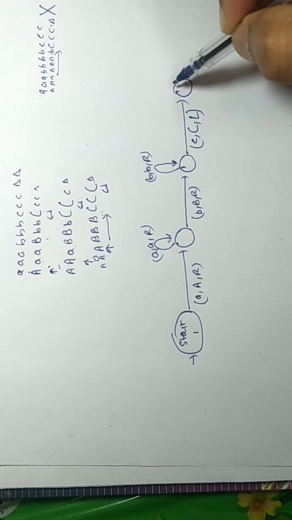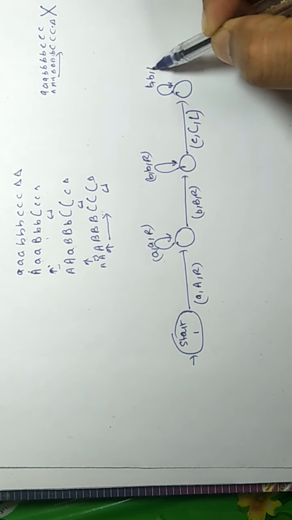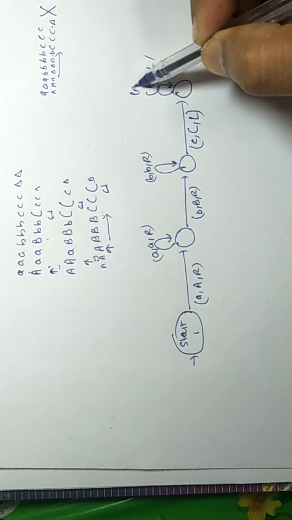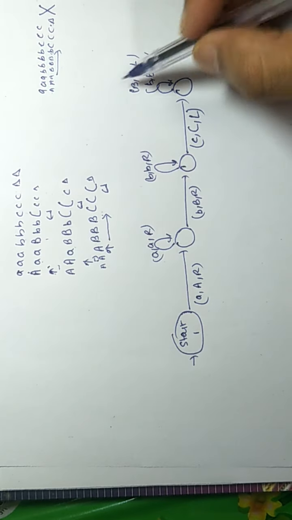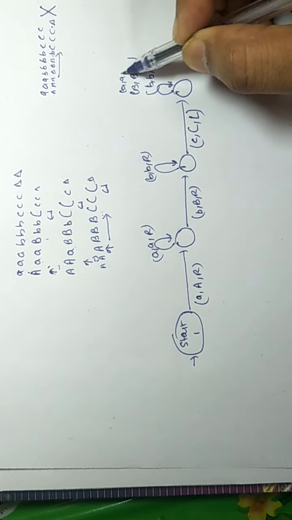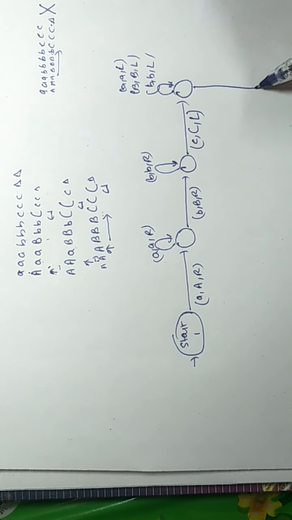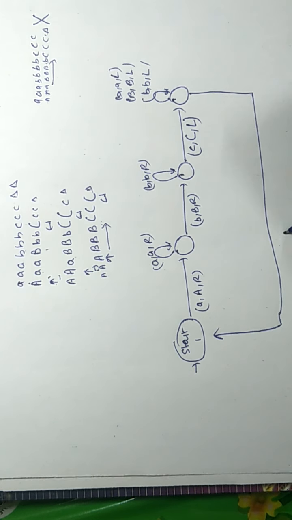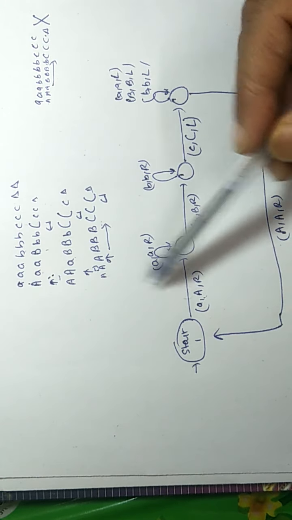When we are coming back, we will get small b's, then we will get capital B's, then we will get a small h, and then we will get capital A. Then at the right of this capital A, we will get again a small a.